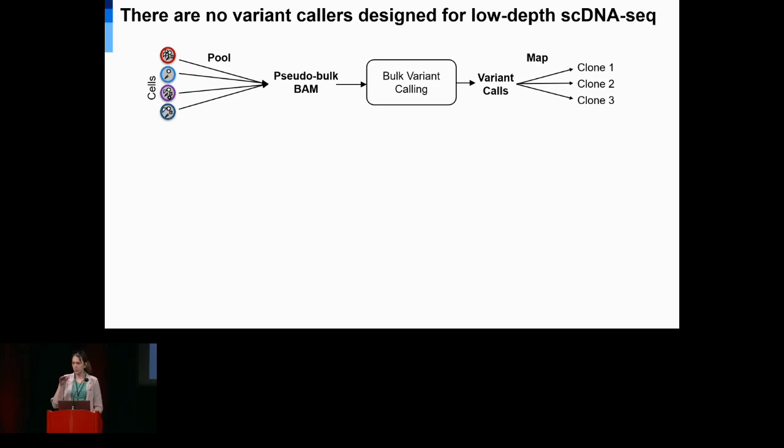So essentially, we pool all of our cells into a single pseudo bulk BAM, tossing out all the cell-specific information. We run it through our standard variant calling pipeline, and then afterwards, we have these variant calls where we can start mapping them back to cells or clones.